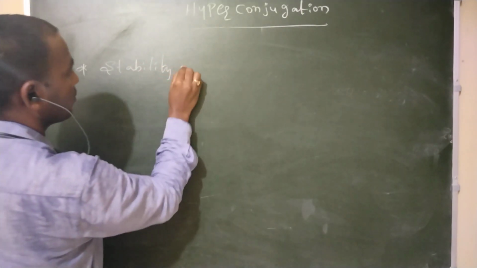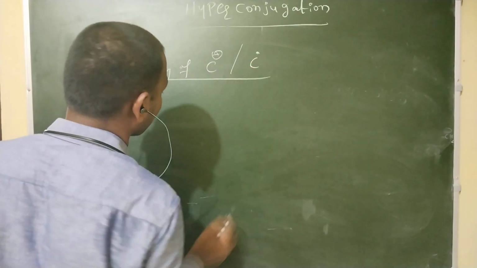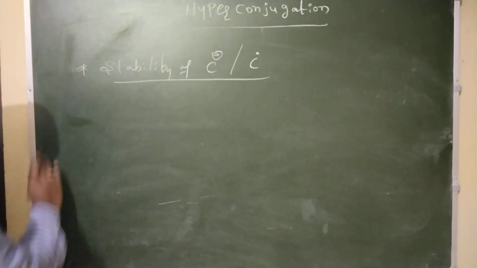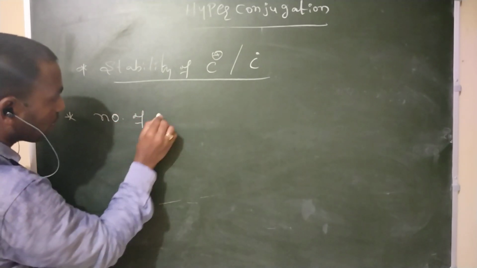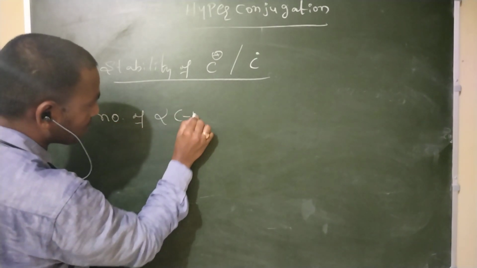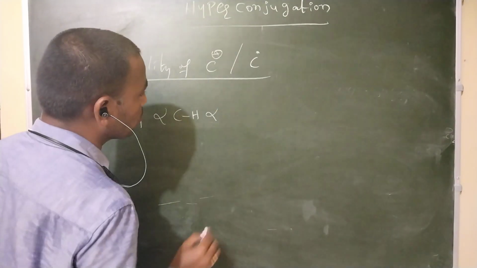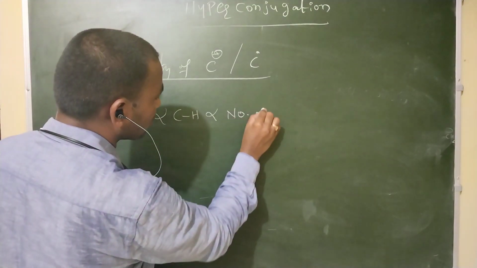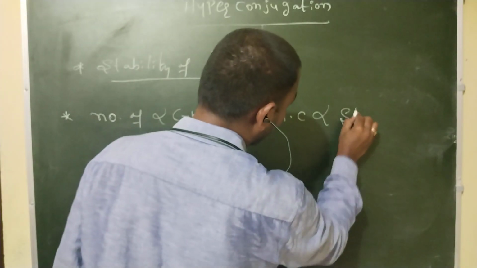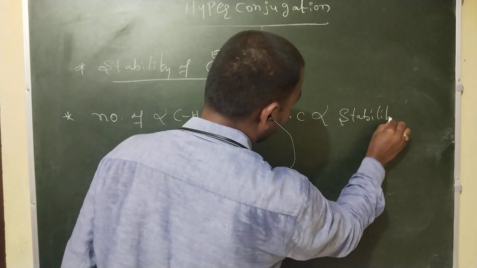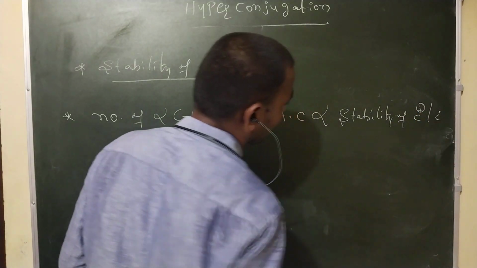Stability of carbocation or carbon free radical, right? So please remember one thing here: the number of alpha carbon hydrogens is directly proportional to the number of hyperconjugate structures, and also it is directly proportional to the stability of a carbocation or carbon free radical.